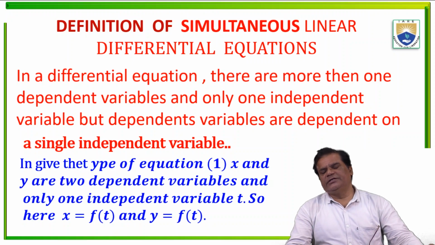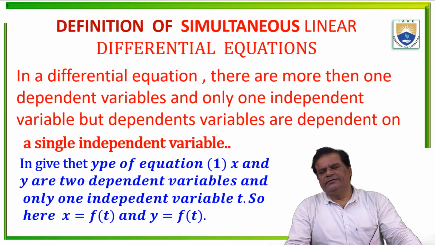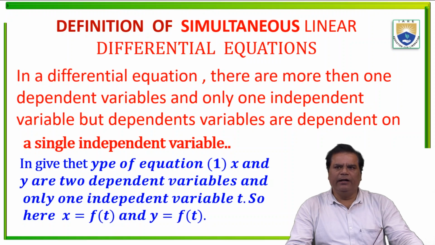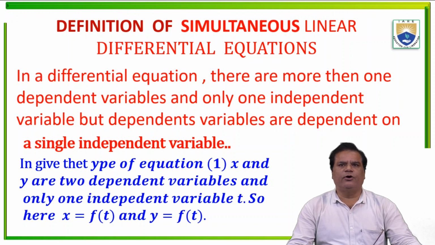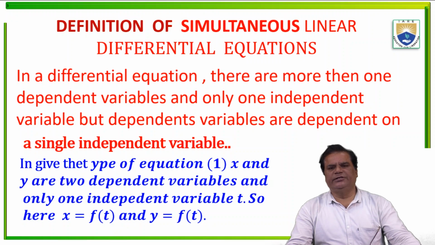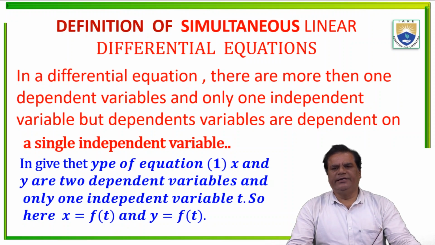In any differential equation, we see that there are more than one dependent variables and only one independent variable. The dependent variables are dependent on a single independent variable in all equations. Then we can say that the given question is known as a simultaneous linear differential equation.